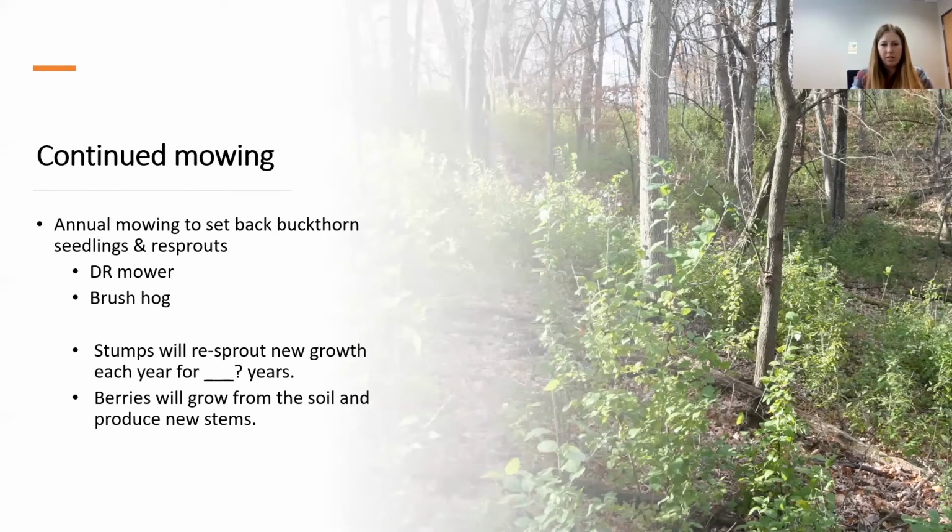Continued mowing is another method, and the method for mowing can depend on your future plans, or if you have revegetation plans, but you can mow with a brush mower over subsequent growing seasons, like a DR mower or something like that, or a brush hog. And the stumps are going to resprout for an unknown number of years, right?